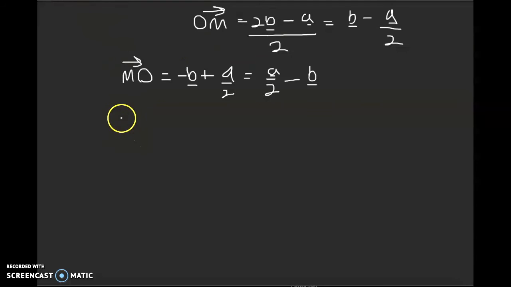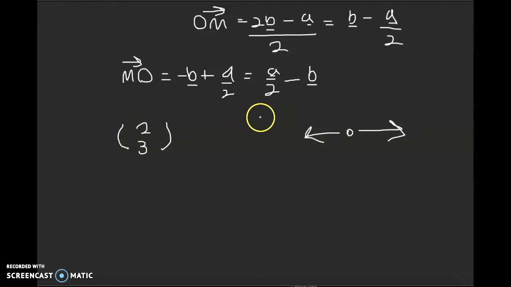Another way in which vectors can be represented is via column vectors. Here we've got the column vector (2, 3), represented by the round brackets, and the top number shows movement left to right. If we start from 0, 0, the center, on a graph, minus 2 would be moving 2 to the left, and positive 2 would be moving 2 to the right.